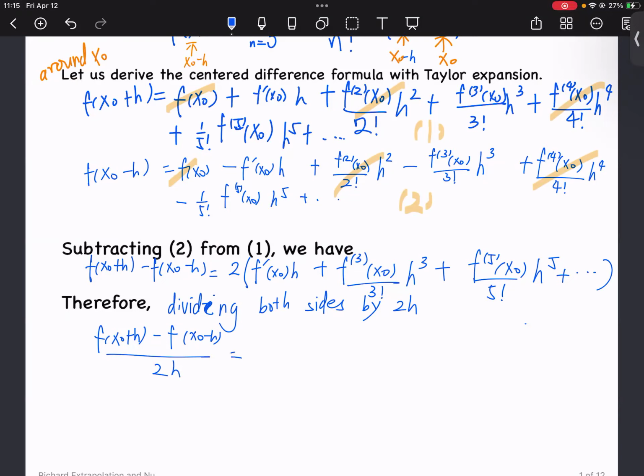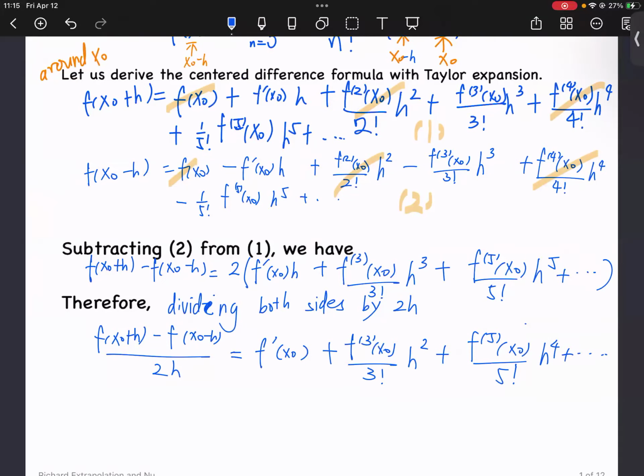And on the right hand side, I got f prime x0 plus the third derivative x0 times h squared over 3 factorial, and then the fifth derivative and h to the fourth, and so forth. This is what I got.